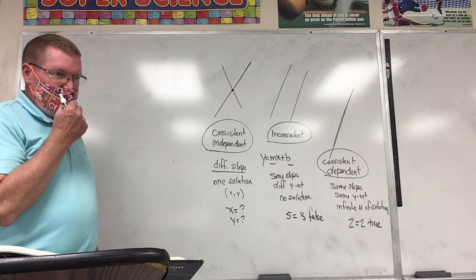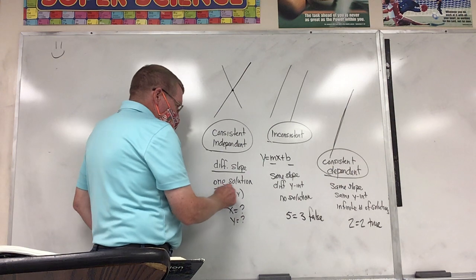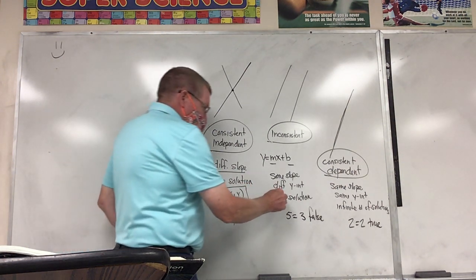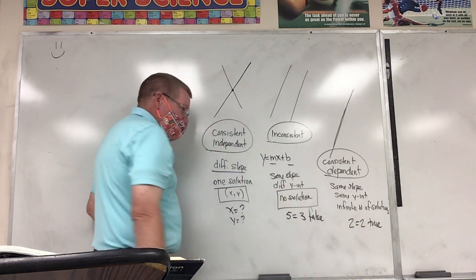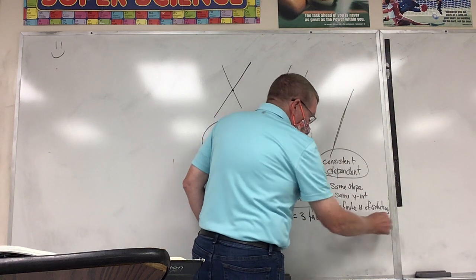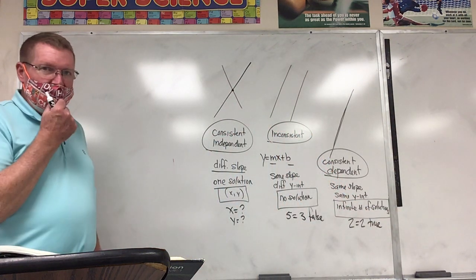There are different ways to write my answer. If I have one solution, I'm going to write my answer with the x and the y. If I have no solutions, then I'm just going to write no solution. If there are infinitely many solutions, I would write infinitely many solutions. How could I tell when I'm solving?